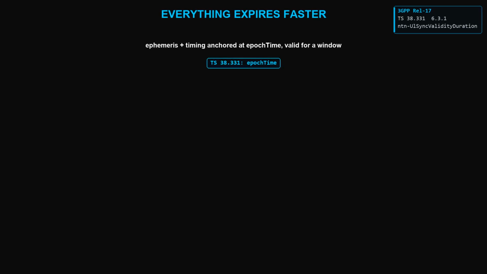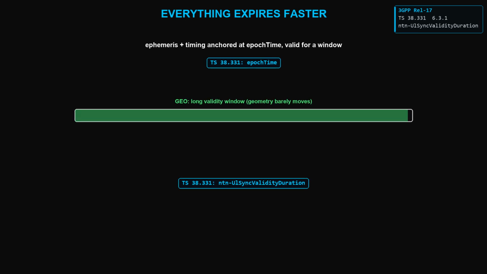There's one more consequence of all this motion. Everything expires faster. Back in Chapter 2, we saw that the satellite's ephemeris and timing come with an expiry anchored to a moment called epoch time, and valid only for a window called the NTN sync validity duration. At GEO, that window is comfortable, the geometry barely moves.